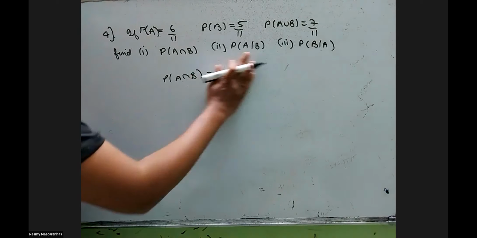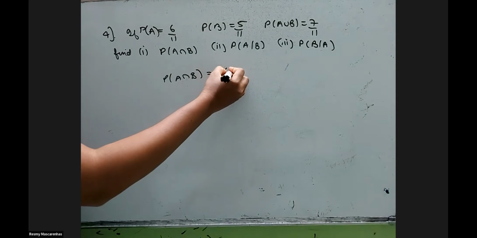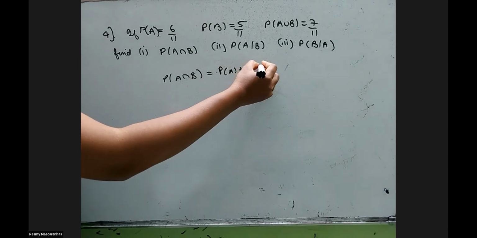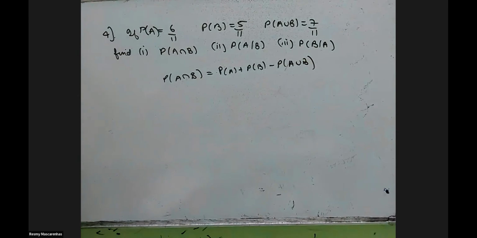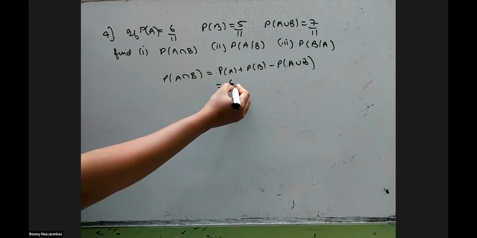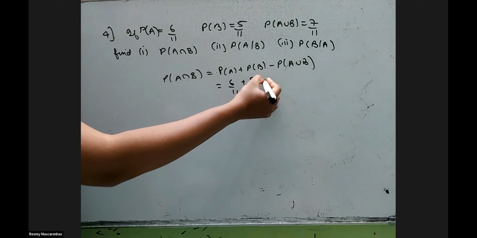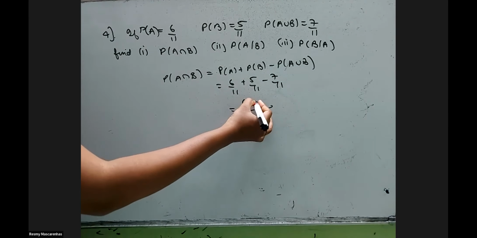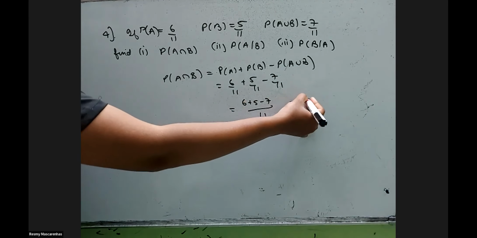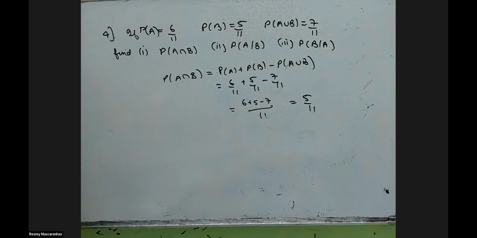Otherwise, you know which is the formula. P of A union B is P of A plus P of B minus P of A intersection B. This one you have to use. Now substitute. This 5 by 11 is P of A intersection B.